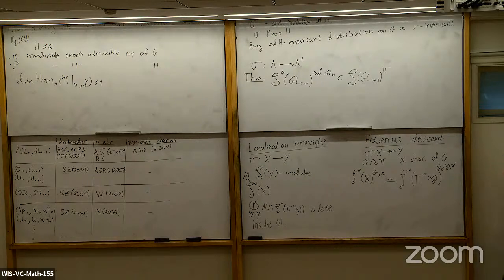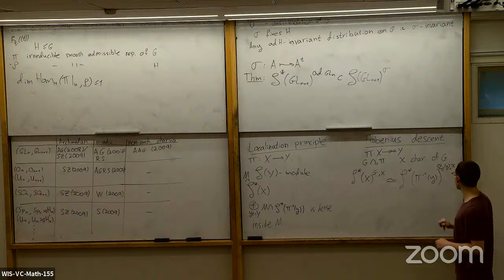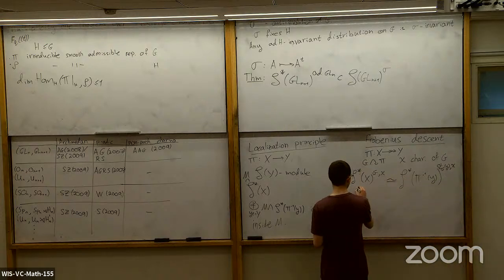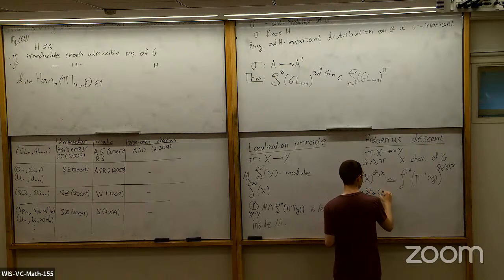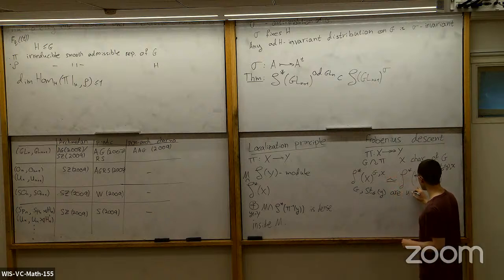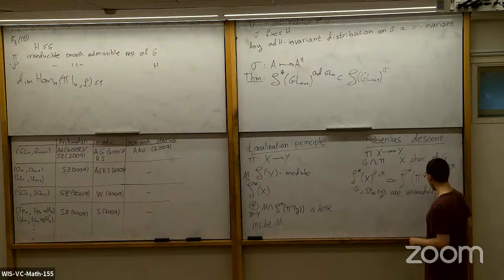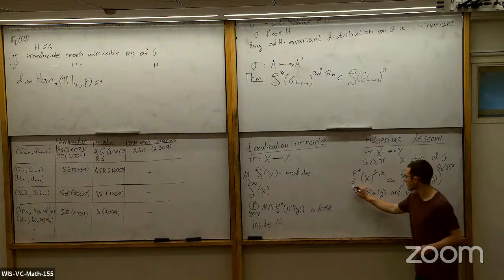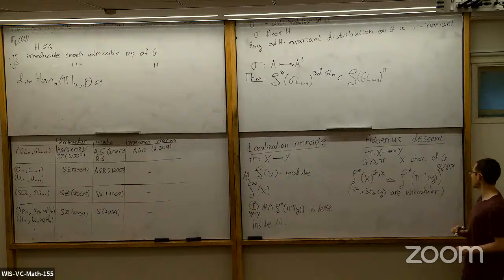Yes, okay, so I just add the conditions that G and the stabilizer are unimodular. So we assume this, and then we get this isomorphism.